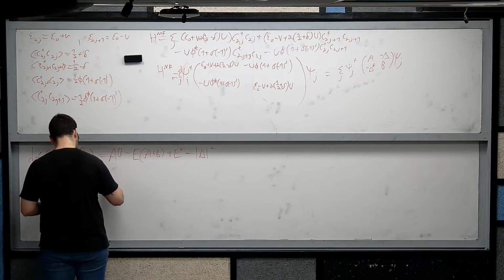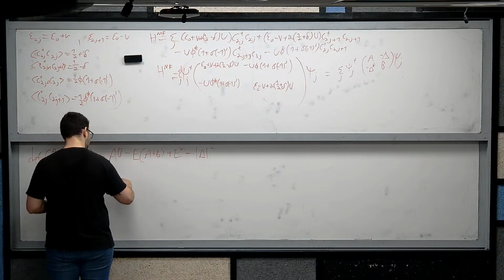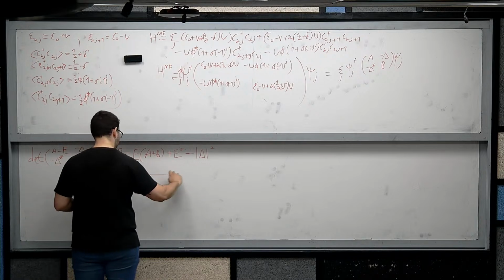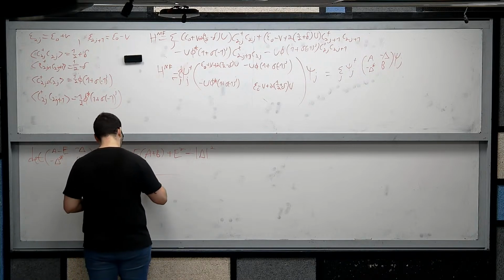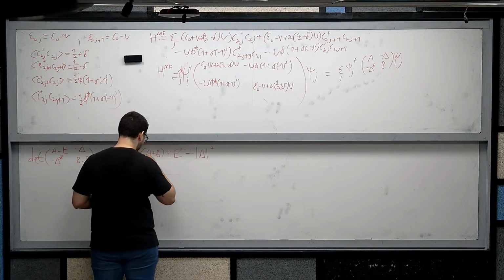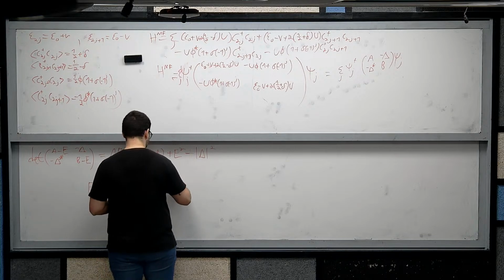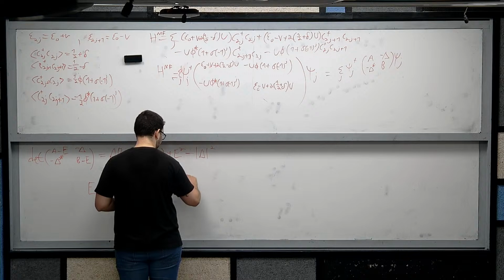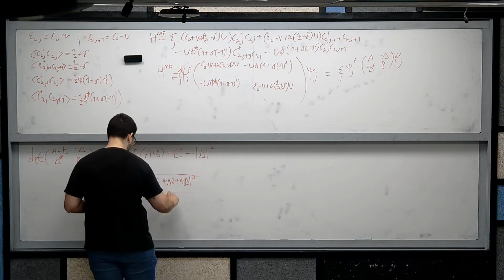E plus minus equals A plus B plus minus the square root of (A plus B) squared minus 4AB plus 4 squared, divided by 2.